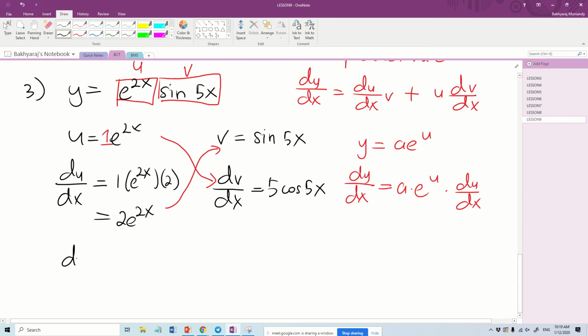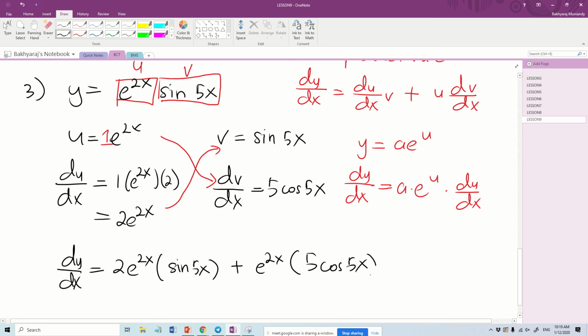So dy dx will be equal to e^2x times sine 5x, plus e^2x times 5 cos 5x. Okay, of course we can simplify that. This one must simplify.